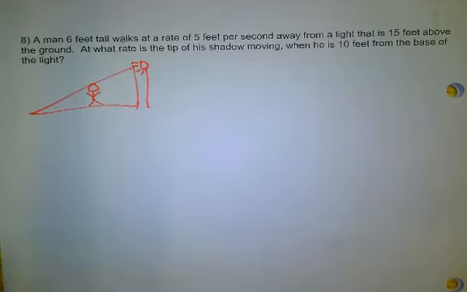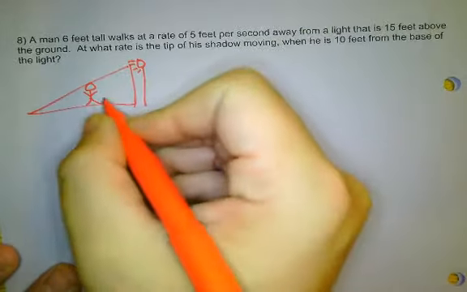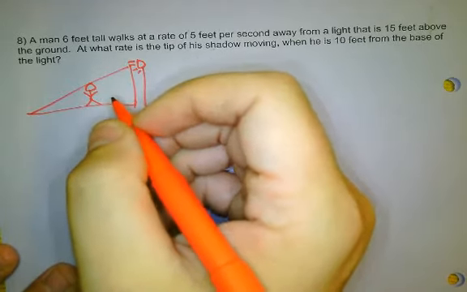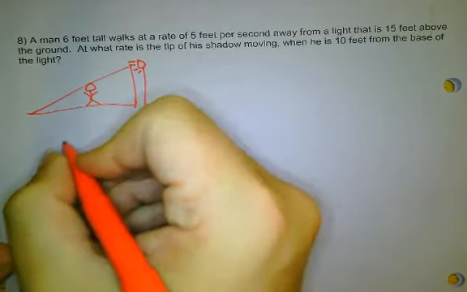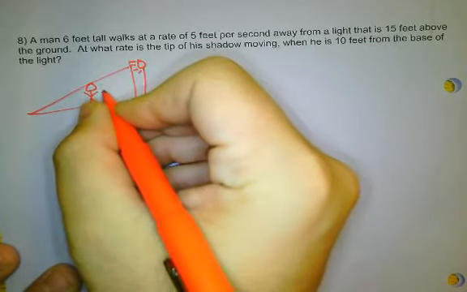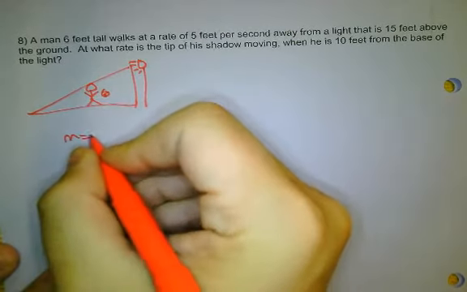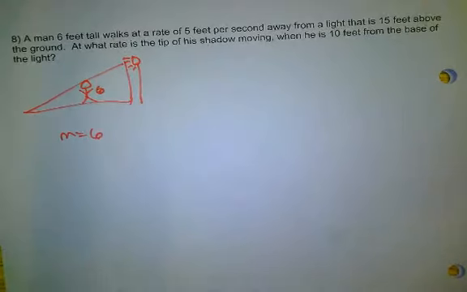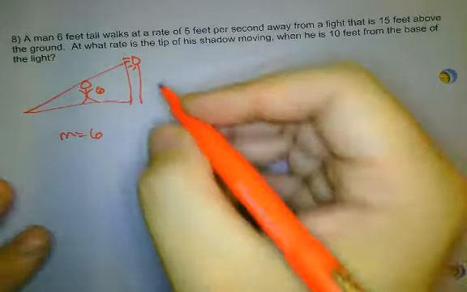Alright, what do we know? Okay, man 6 feet tall. M for man? Sure. So M equals 6. What else do we know? We know the light's also 15.